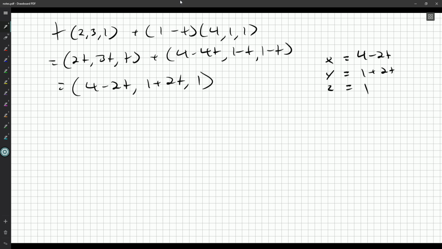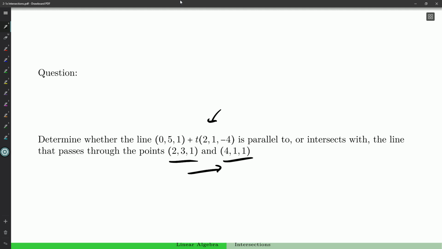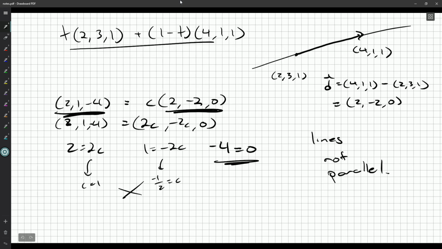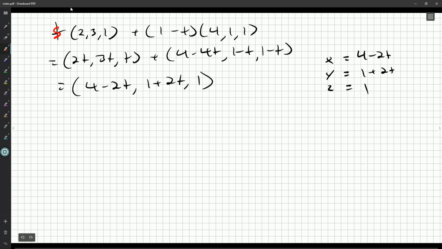Okay, and then the other line we were given, oh, sorry, that line used a t. I should probably switch these to s's, because otherwise plugging things in is going to be a little nasty, since we'll have the same letter meaning different things, and that's not right. We'll change those all to s's.